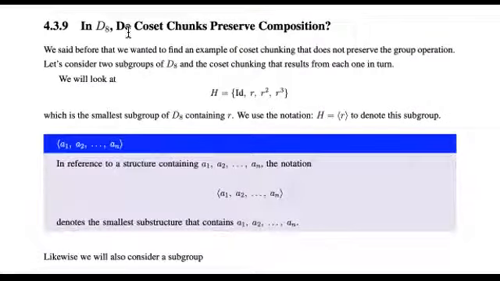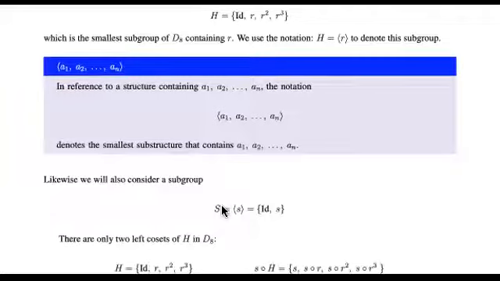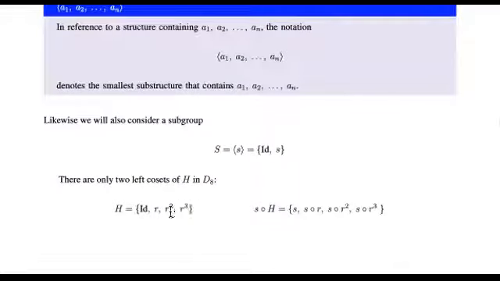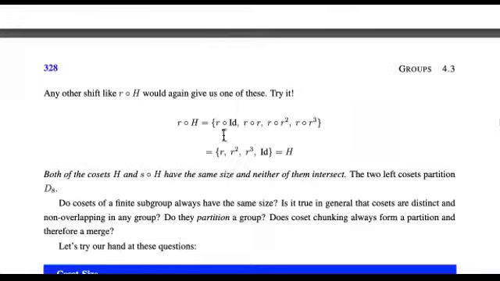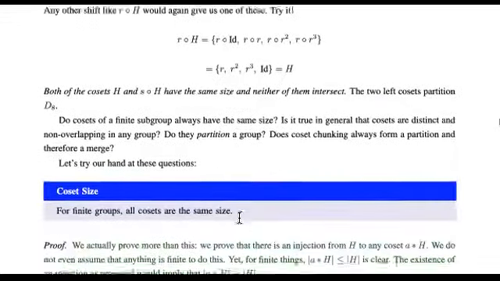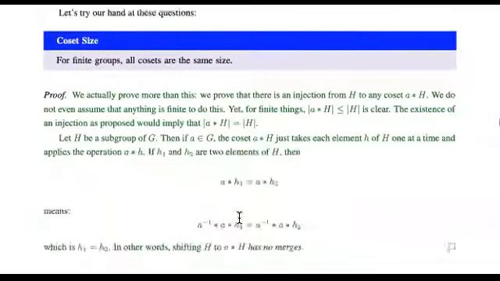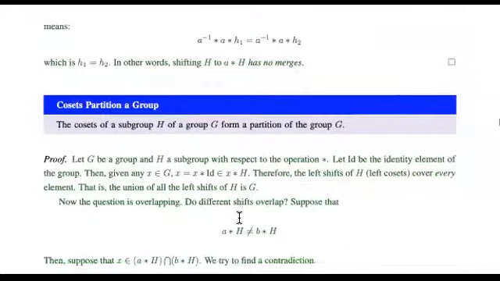Remember that in D8 we're working with permutations, and it's not going to be commutative. So, for instance, we have the two left cosets of H right here, and we do have a nice thing going on there.